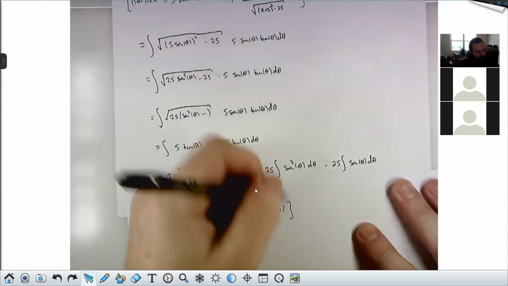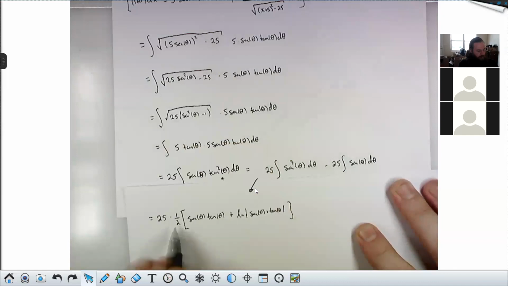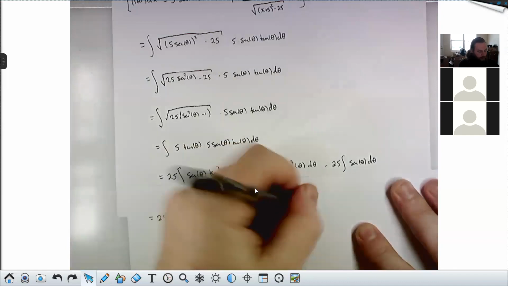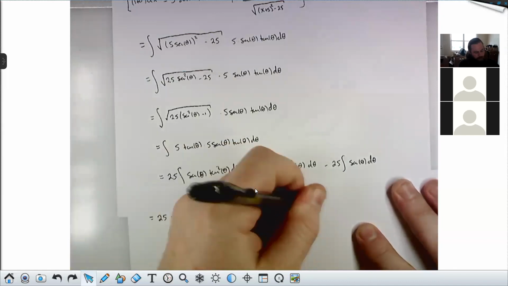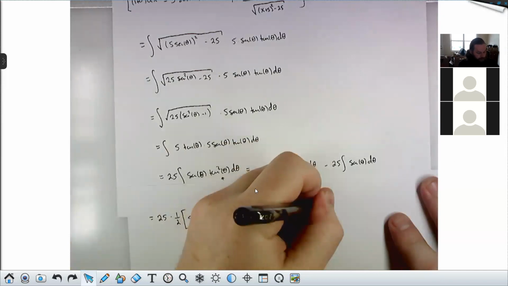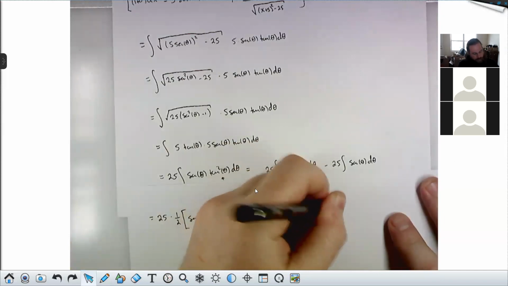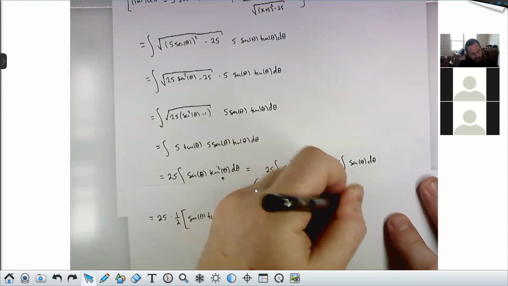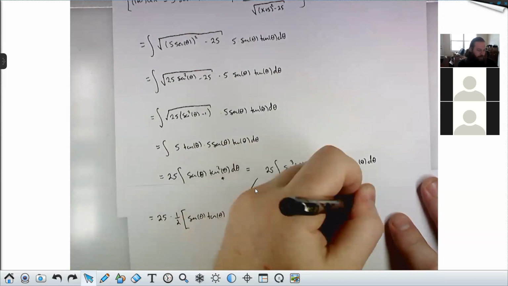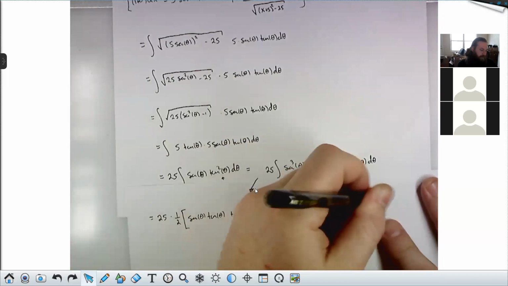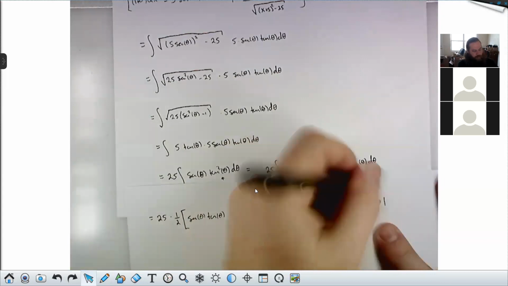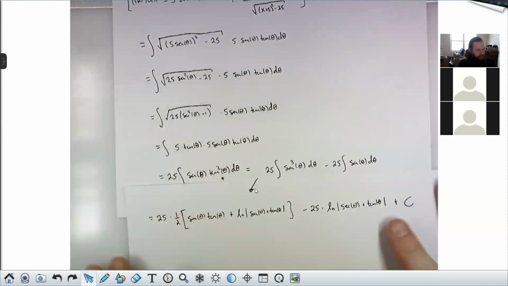And I'll leave off my plus c till the end. So 25 times the integral of secant cubed, minus 25 times the integral of secant, which is natural log of secant theta plus tangent theta on its own. And there's my plus c time.